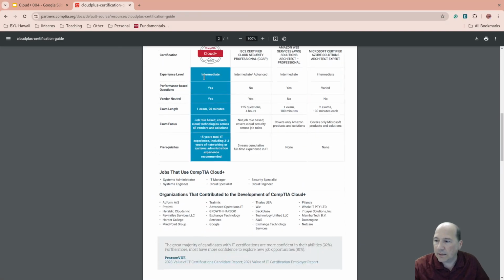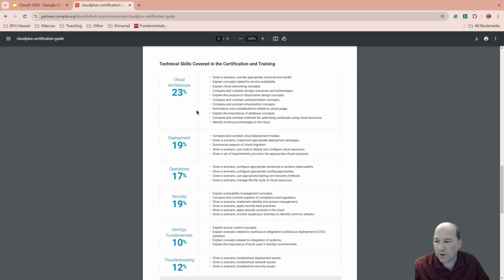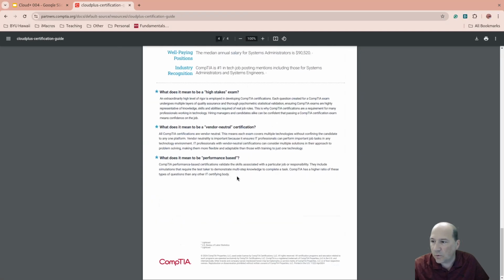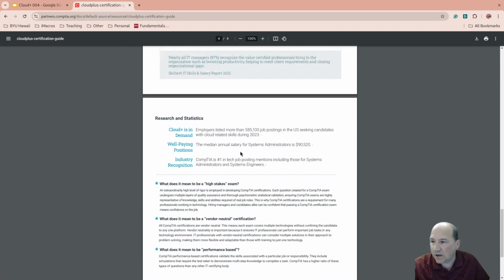So we've already done page 1. We're on page 2, and we're finishing up page 2. We're on troubleshooting, which is 12%, and we have these 3 items right here, and that's what we're going to do today. Now, if we look, there is a page 4, but it really just talks about the exam.